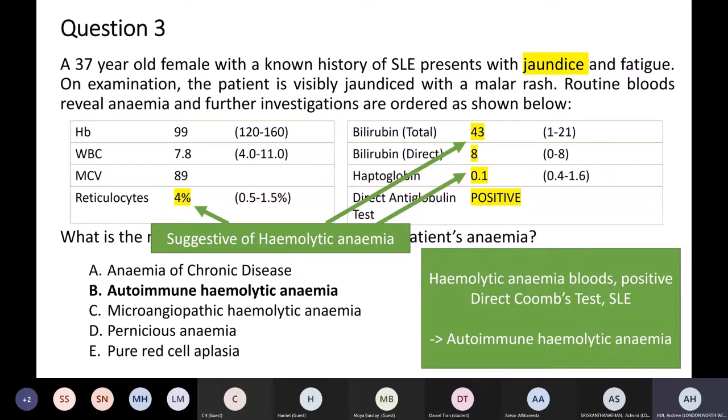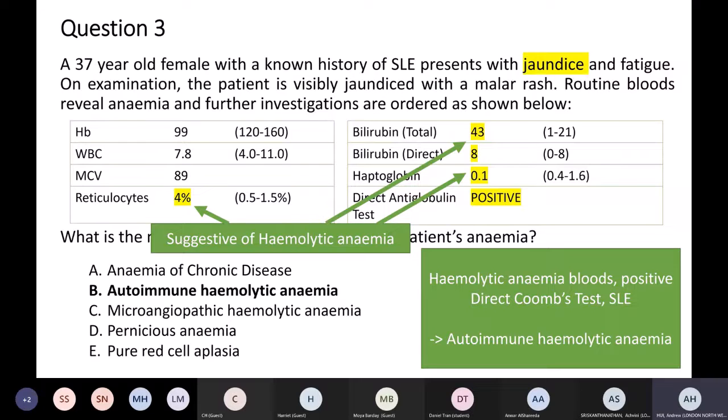Remember, bilirubin is the breakdown product of hemoglobin, and haptoglobin is low. I like to think of haptoglobin as a sponge that mops up any free hemoglobin. So of course, hemolytic anemia results in the release of hemoglobin, the haptoglobin is going to mop it all up, and the level that's left is going to be low. So we have hemolytic anemia.